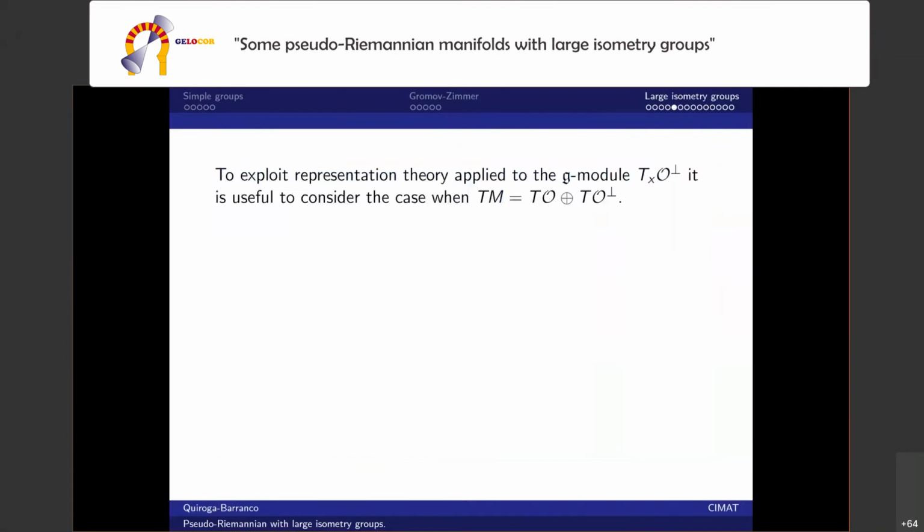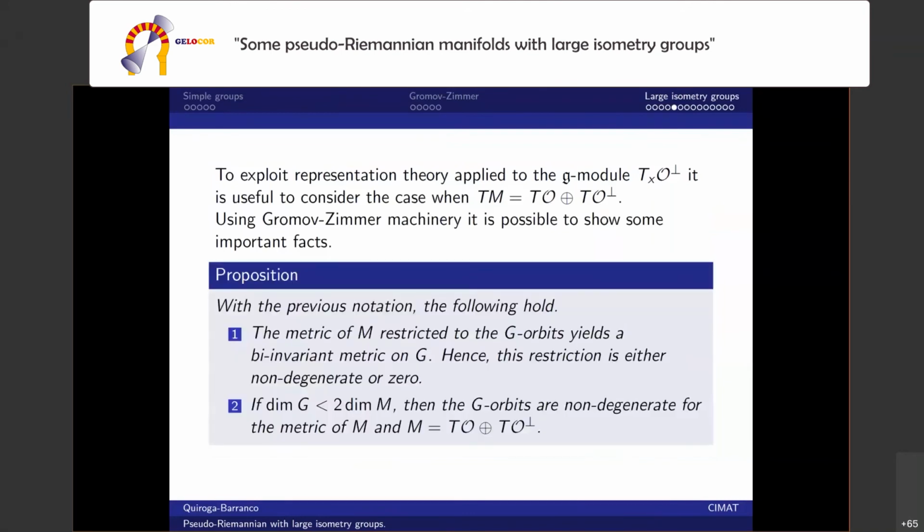There are a number of other results. We can consider two situations, as I mentioned. First, I want to assume that you have this direct sum. For that, using Gromov machinery, if the dimension of G is less than twice the dimension of M, you always have this.